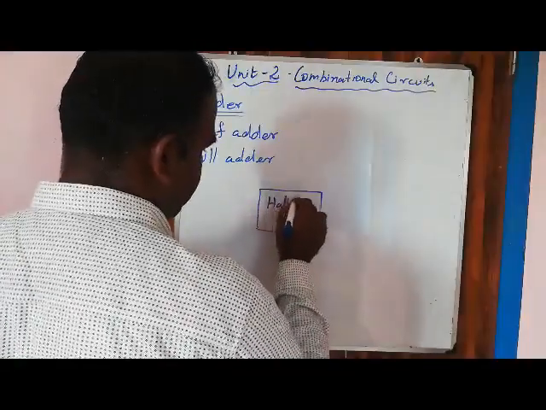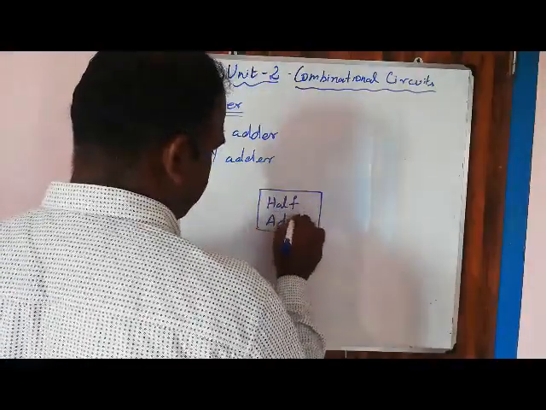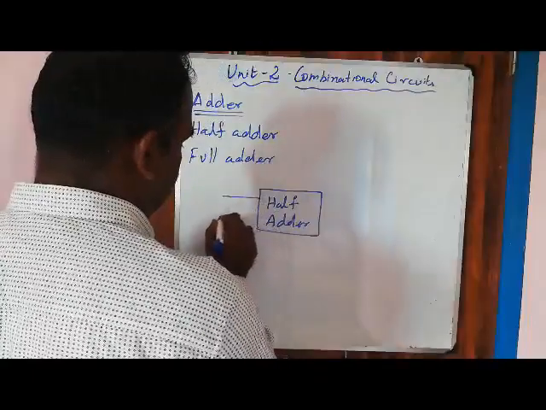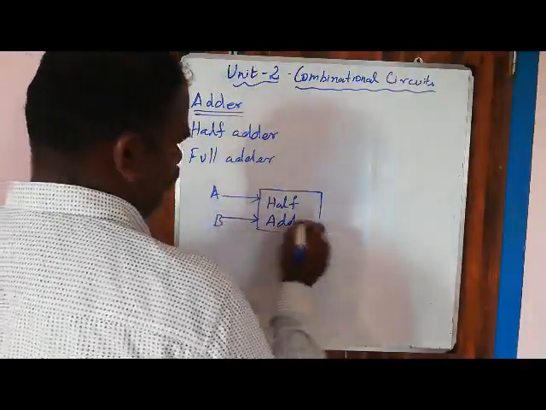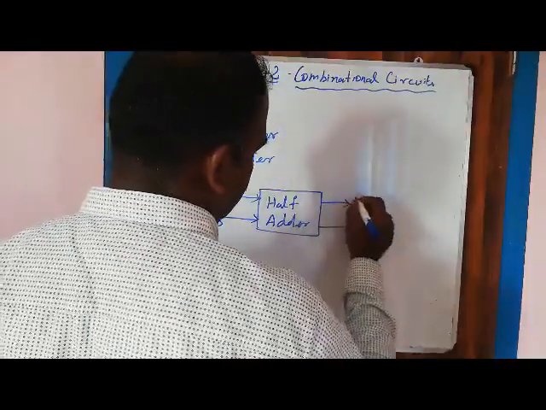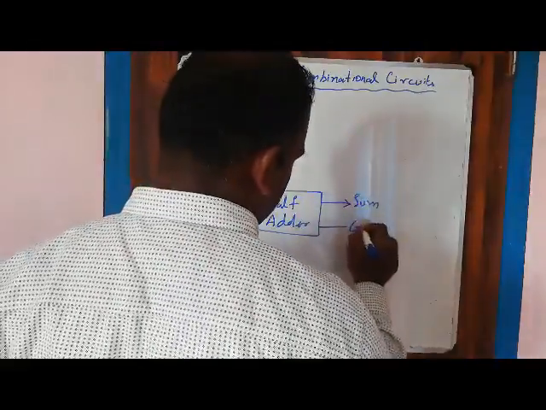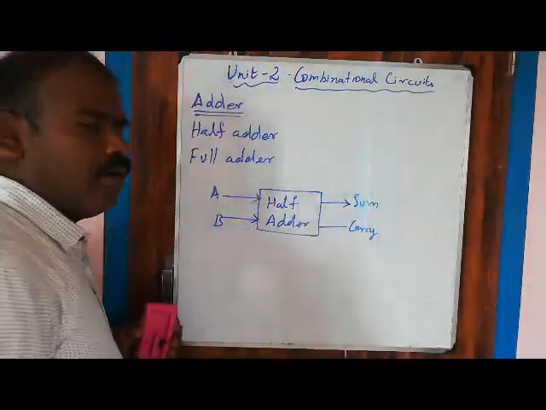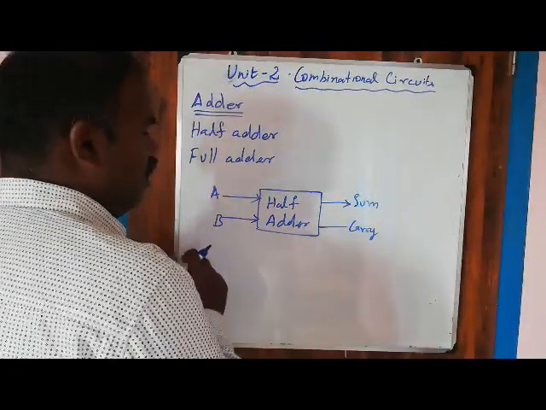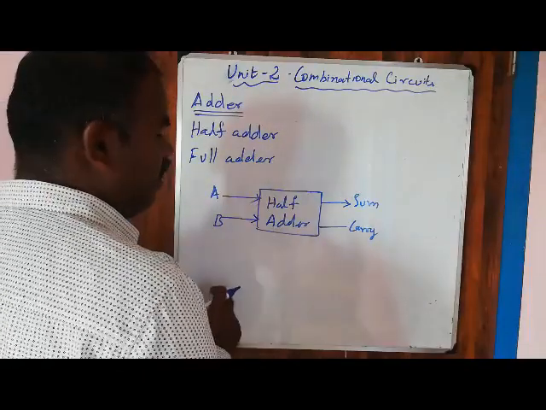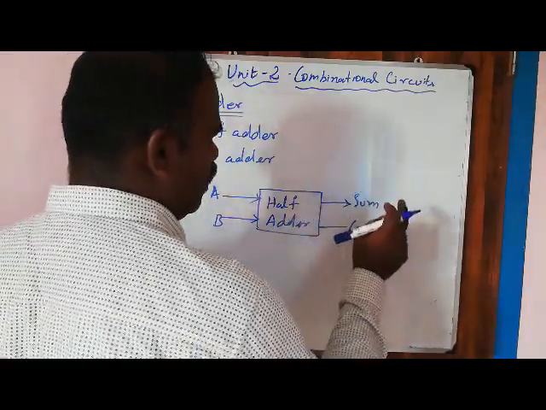For half adder, the input variables are 2, and the outputs are sum and carry. If the input variable is 2, then the circuit is called half adder circuit.